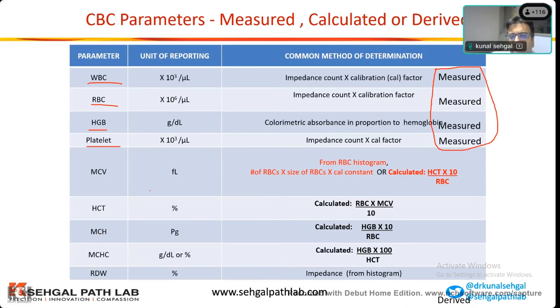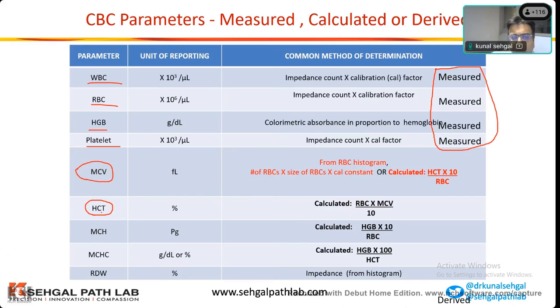In most analyzers, between these two, MCV or hematocrit, one is measured and the other is calculated. So if the mean corpuscular volume is measured by one machine, you can calculate the hematocrit by this formula, which is the number of RBCs times MCV divided by 10.